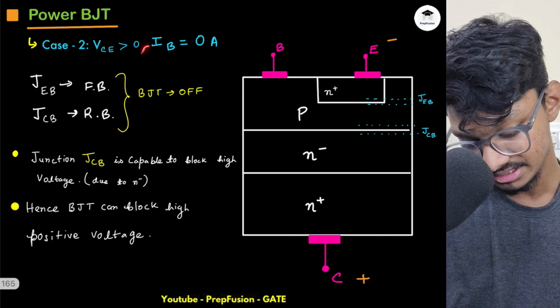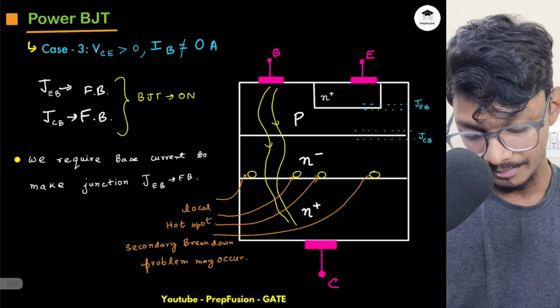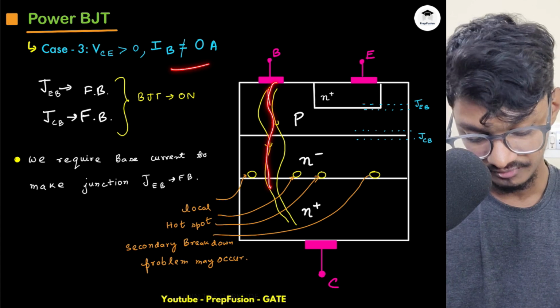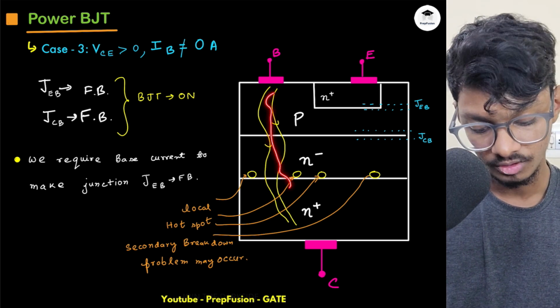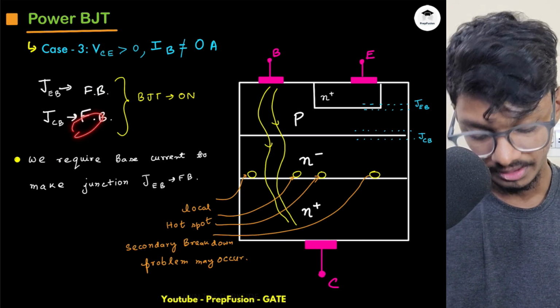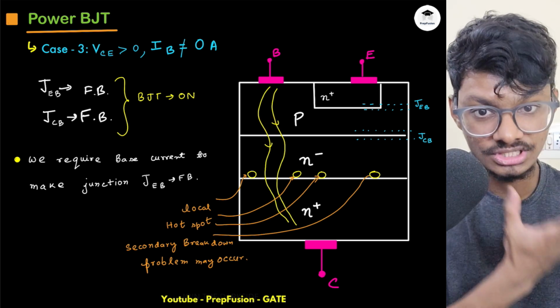In the next case, what is happening? Base current was 0, the base was floating. Now I apply some voltage at the base and some base current IB flows. Now if IB flows, the reverse bias junction JCB will become forward bias due to the excess charge carriers present here.